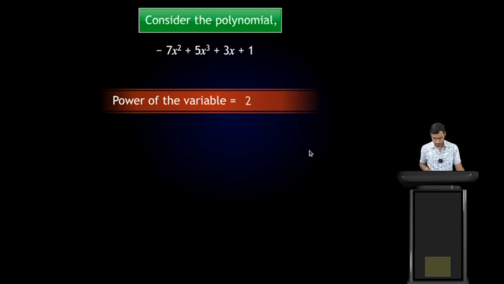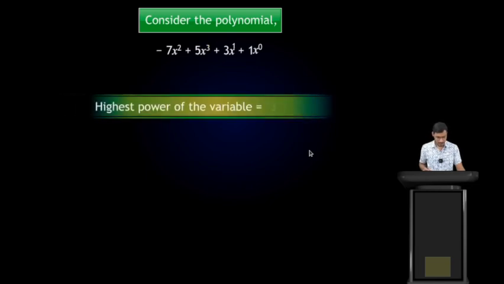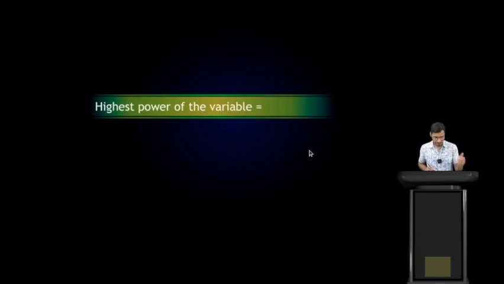In the first term it is 2, in the second term it is 3, in the third term it is 1, and in the last term the power of the variable is 0. If I ask you the highest power of the variable, that is 3. You can see here the powers are 2, 3, 1, and 0. So the highest power of the variable is 3 here.